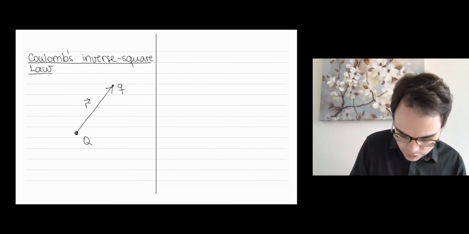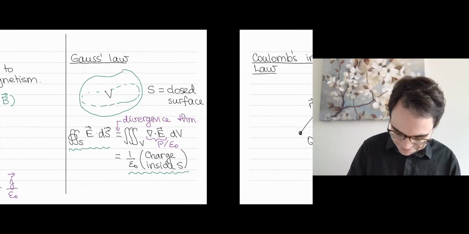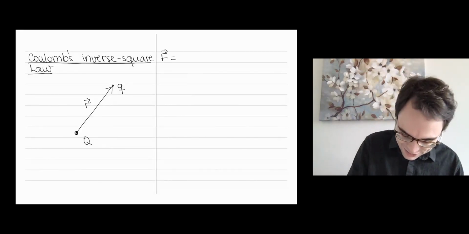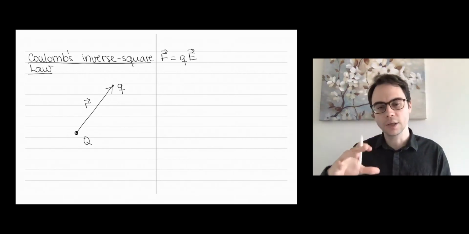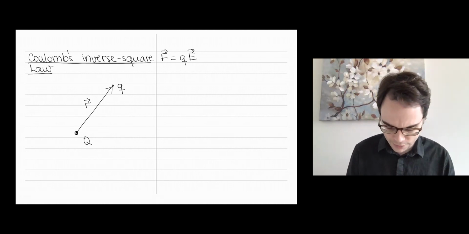So the force, by the Lorentz force, is q times the electric field. There is no v, nothing is moving, so there is no v term. So the magnetic field doesn't enter.